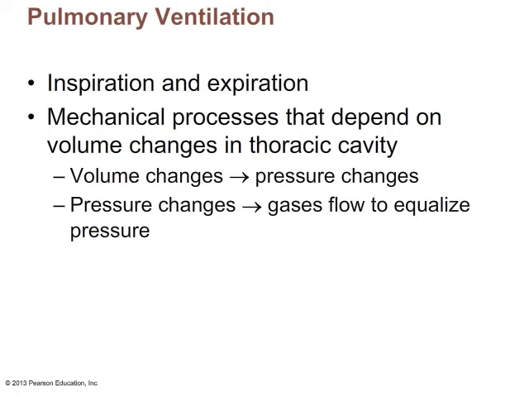And so this is a very mechanical process that depends on volume changes within the thoracic cavity. When the diaphragm bows downwards, this creates a greater volume within the thoracic cavity, which is going to lead to inspiration. Whereas when the diaphragm bows upwards, this is going to create a positive pressure within the thoracic cavity, causing expiration. And we're going to take a closer look at pulmonary ventilation in the coming slides.